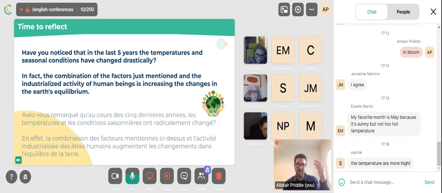It's in the 30s. I remember last summer I spoke to my parents at one point and they said it was 35 degrees in England. Can you believe it? So it is possible that the temperatures are higher these days and the weather is more unstable perhaps as well.